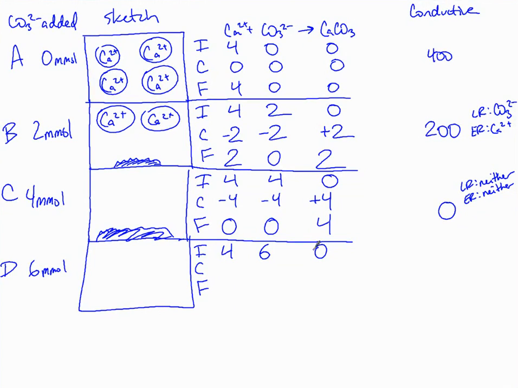The change is going to be minus the smaller one, so we're going to use up all the calcium. It means we can only use 4 of the carbonates, which means we can only make 4 calcium carbonates. No calcium left over, 2 carbonates left, and we produced 4 calcium carbonates.